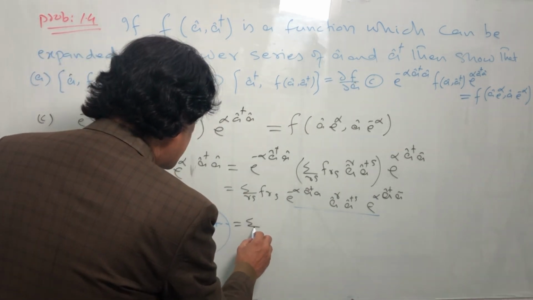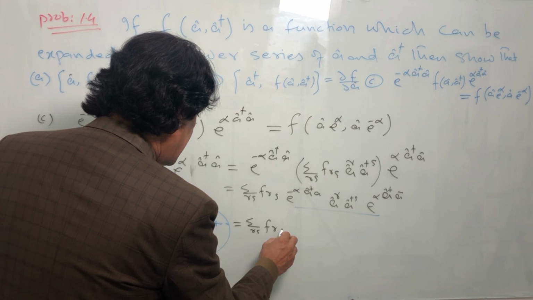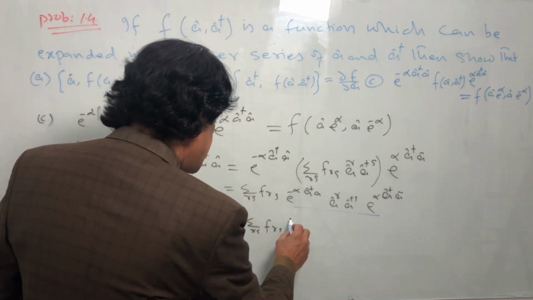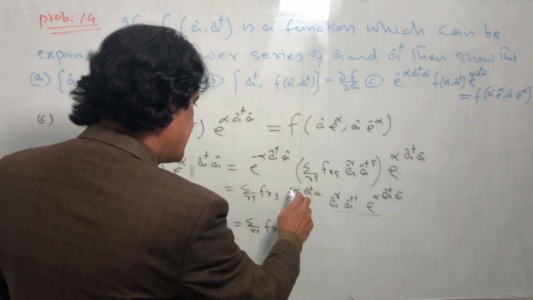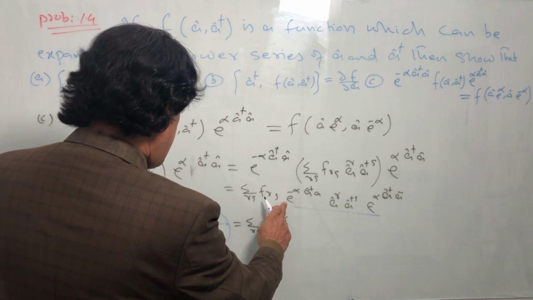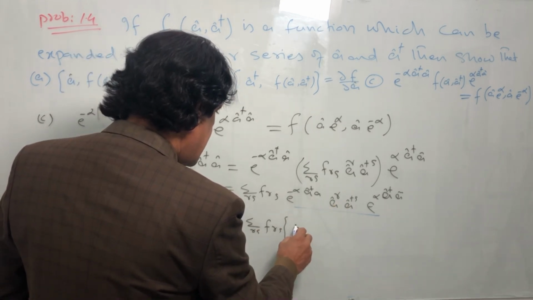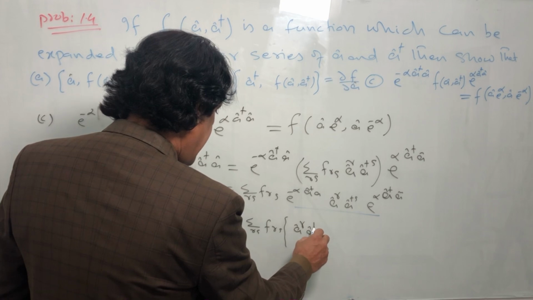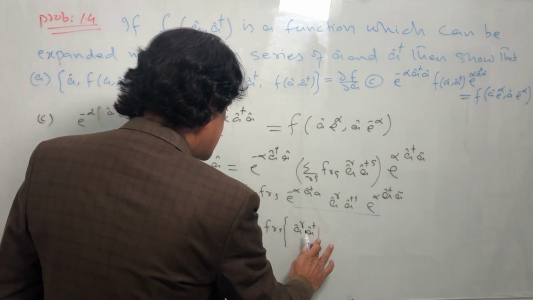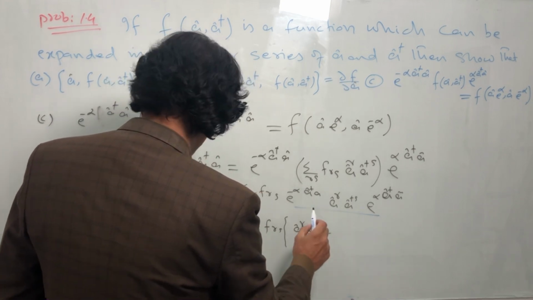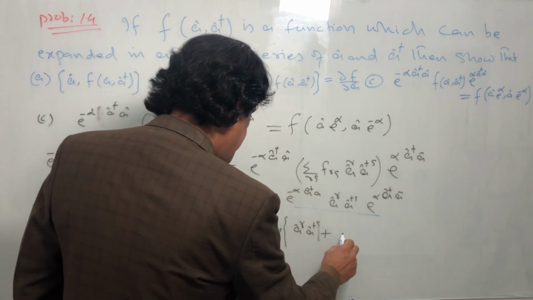For example, this is equal to the summation over r, s of f rs, and here, what is B? B is a to the r a dagger to the s, and plus alpha.